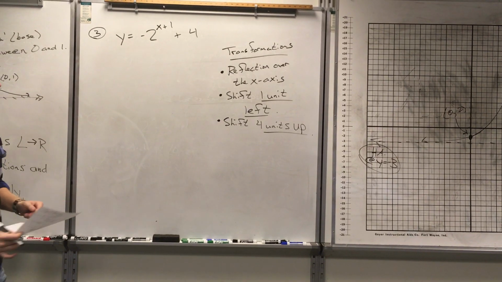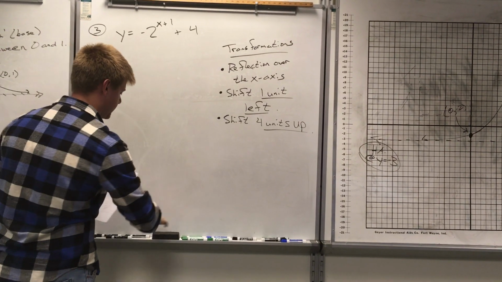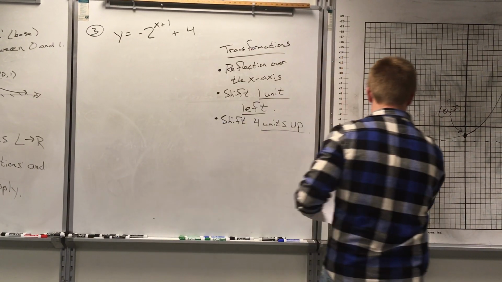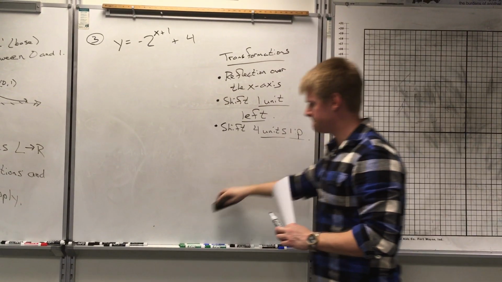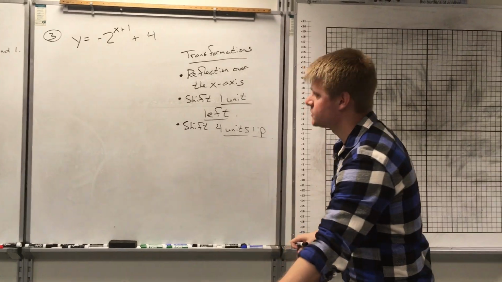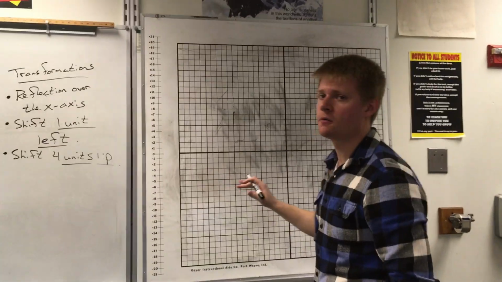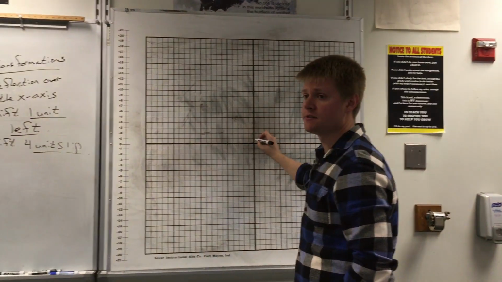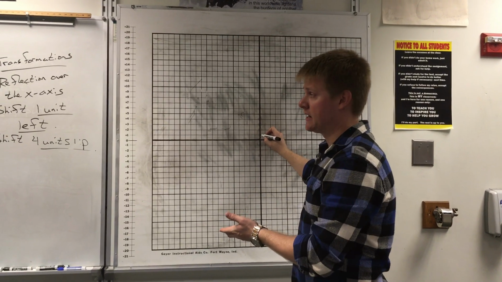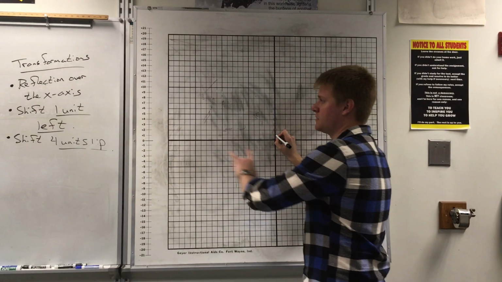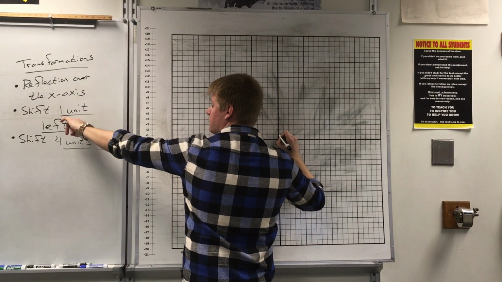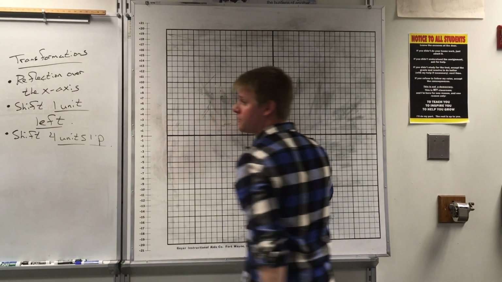Once again, let's now come up with our key characteristics. Always start your thinking with that anchor point that is normally at 0, 1, and now just let it undergo the transformations that we have. If I would normally start at 0, 1, I have to shift that point 1 unit to the left though.